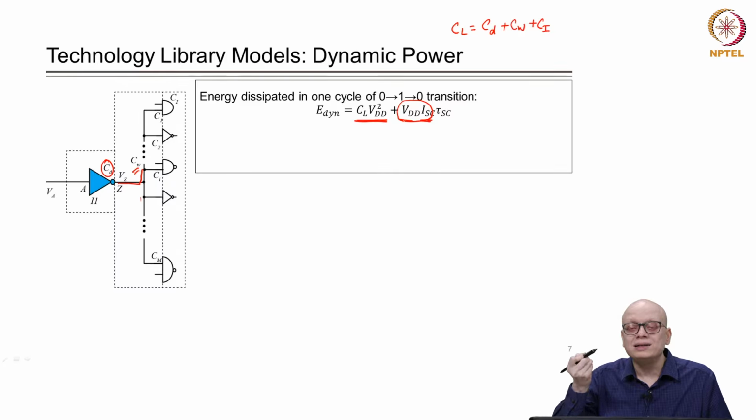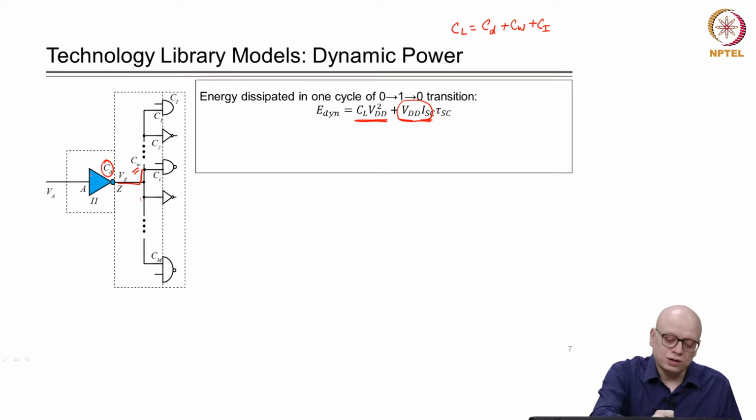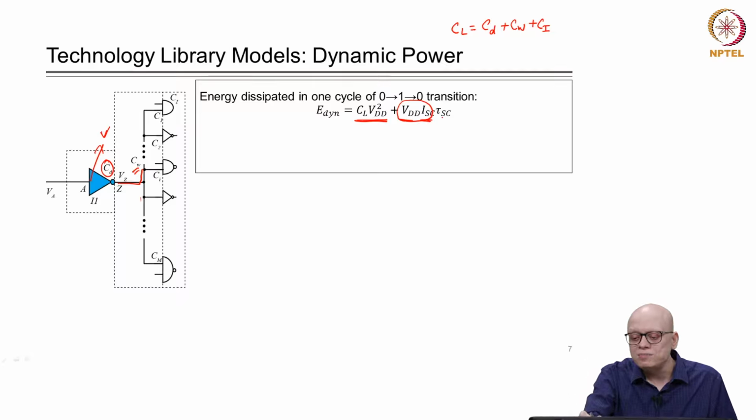Now, if we want to get the energy, we have to multiply it with time. Let us assume that this inverter was in the short circuit condition for the time tau SC, and during that time interval the average short circuit current that was drawn was ISC. So, E dynamic is equal to CL VDD square plus VDD ISC tau SC.